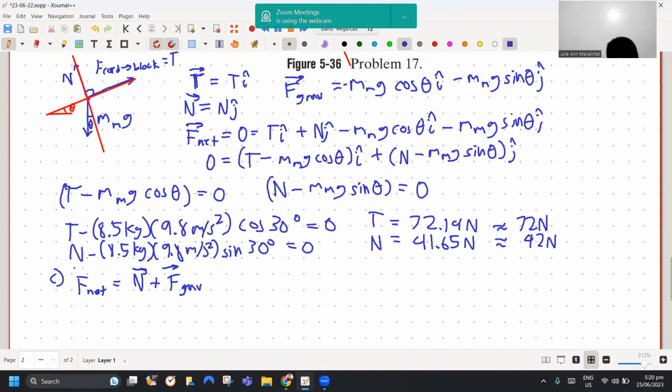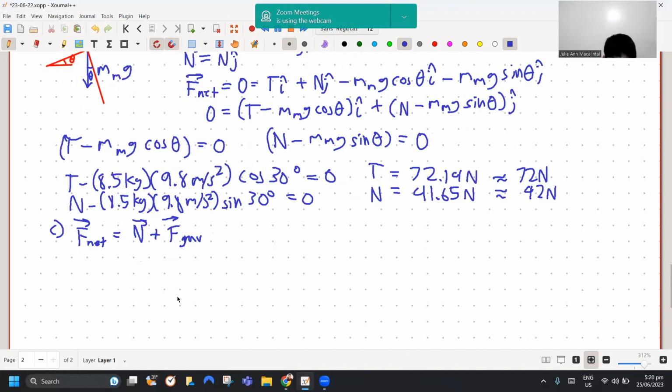So yung F net dapat may vector sign din kasi, di ba? Okay, so normal force plus gravitational force. Ngayon, what do we expect? What's the acceleration along y? So for this situation, ano yung acceleration along y?